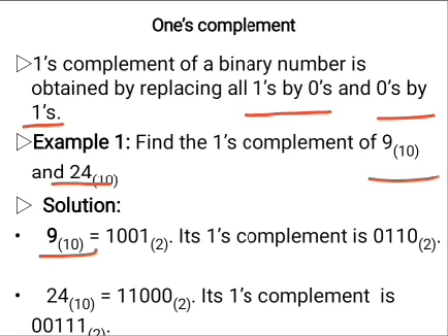For 9, the binary equivalent of decimal 9 is 1001. It is in base 2, binary. Its ones complement is 0110. That means replacing ones by 0, zeros by 1.